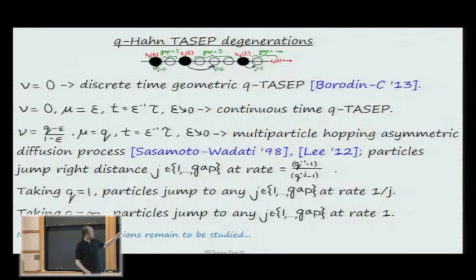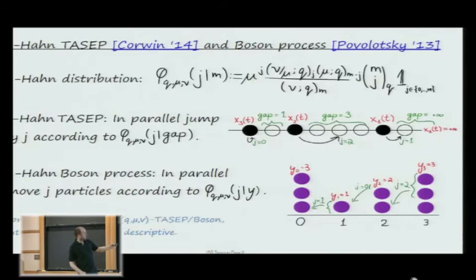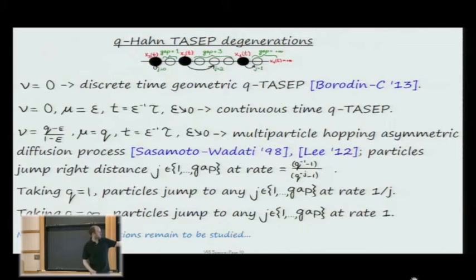If you take the parameter nu equal to 0, both terms simplify, you get a slightly simpler transition probability, which was studied by Borodin and myself, again, in the context of McDonald processes. You can take a limit. You set the parameter nu to 0 and mu to epsilon.